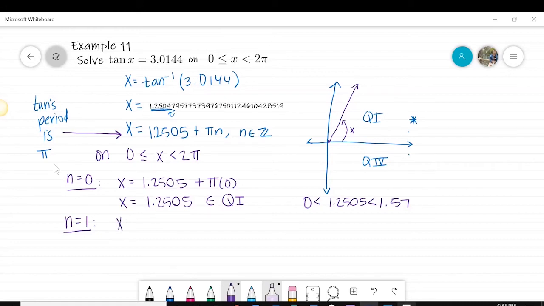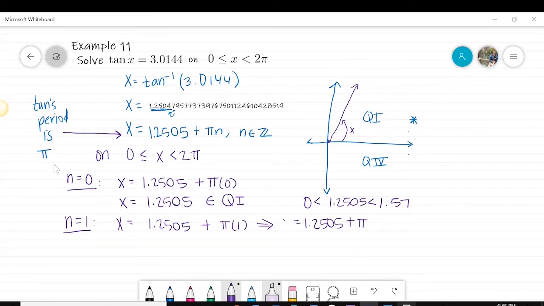So if n is equal to 1, we get 1.2505 plus pi times 1, or x equals 1.2505 plus pi. And again, you probably know this after having used MyMathLab for most of this semester.